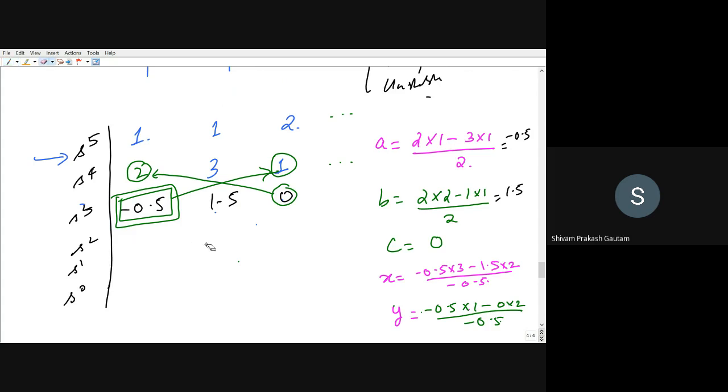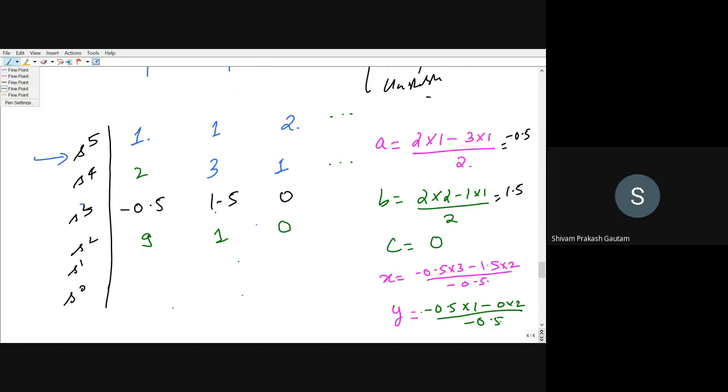I have the values beforehand: x will be equal to 9 and y will be equal to 1. I hope there are no mistakes here. In this way we have to fill all the remaining rows of our table, and this term will come out to be 0. Now I hope that you have got the point.